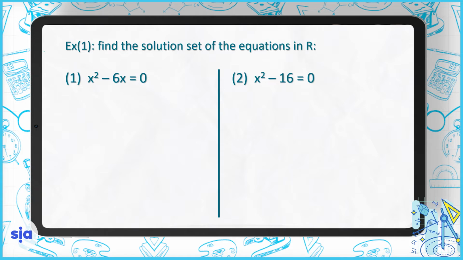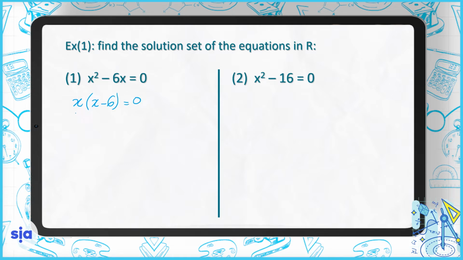Let's factorize this, and the first thing that we do in factorizing is finding the HCF. If it exists, I factorize using the HCF. So here it will be x(x minus 6) is equal to 0.